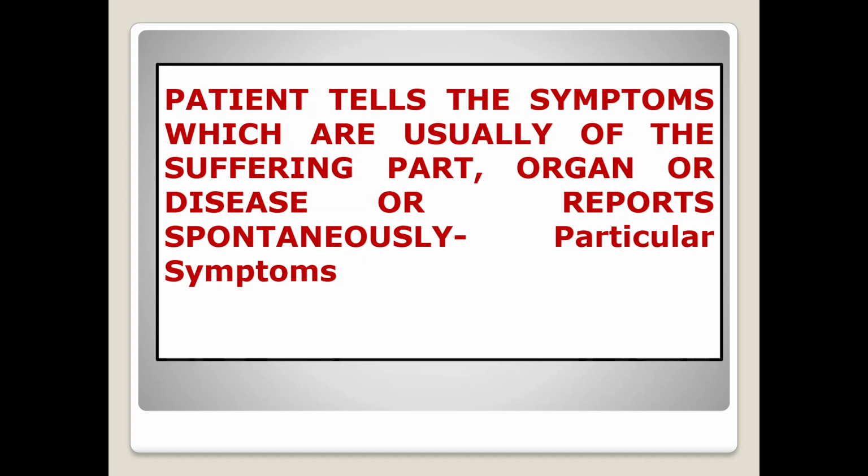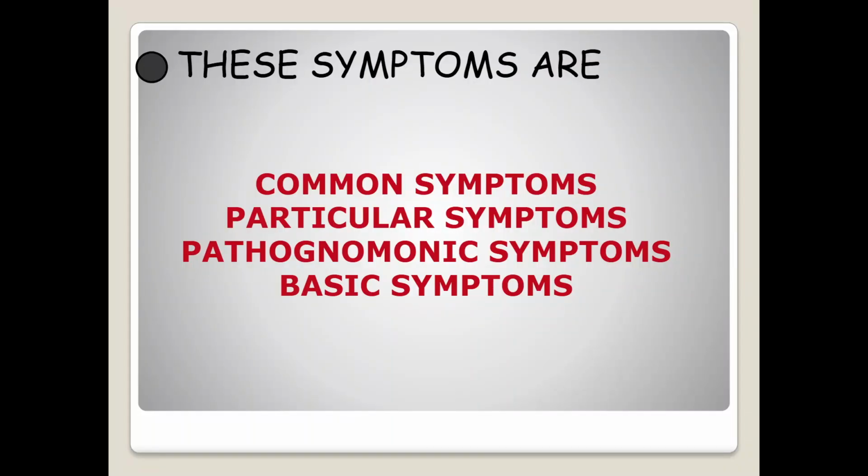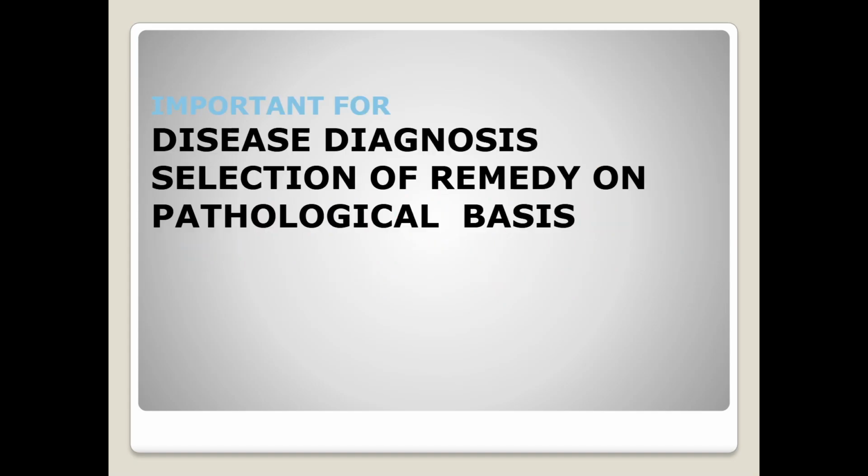So they are called as particular symptoms. These symptoms are common symptoms, particular symptoms, or pathognomonic symptoms or basic symptoms. These symptoms are important for disease diagnosis as well as selection of remedy on pathological basis.